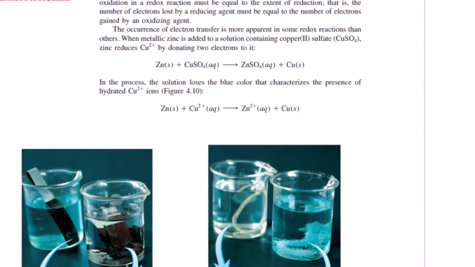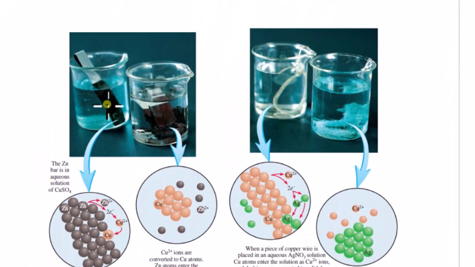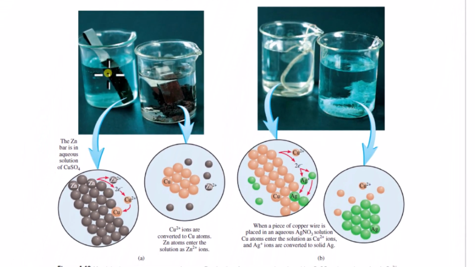All right, so let's see. Here's an illustration. They've got a bar of zinc, and then this blue tinted water. That's the copper ions. So initially, here's the copper 2 plus ramming into the surface of the zinc, and then as a result you have 2 electrons transferred from the zinc atoms to the copper.